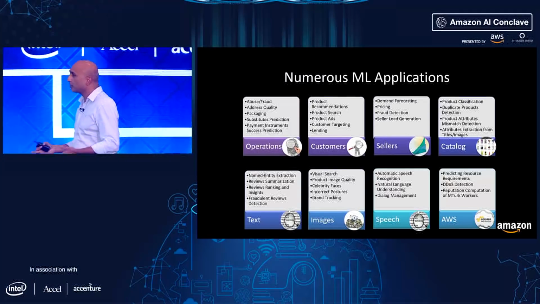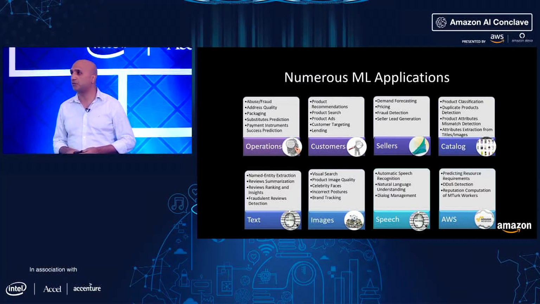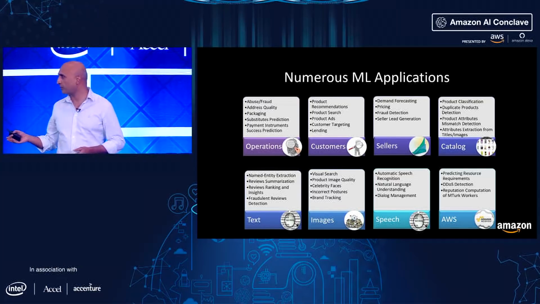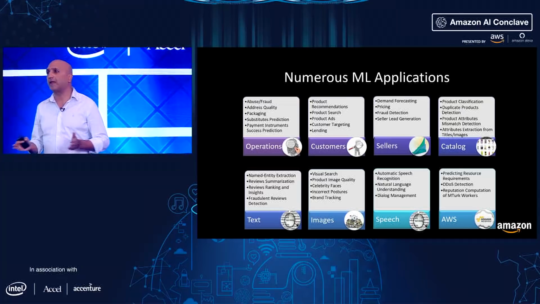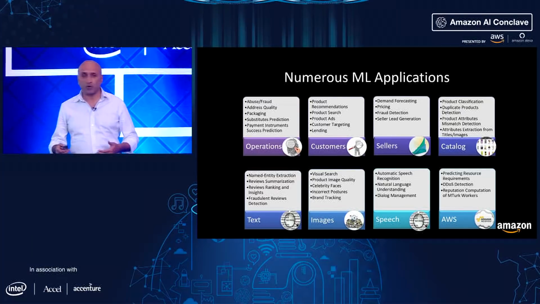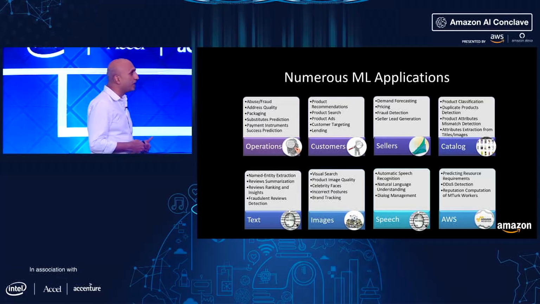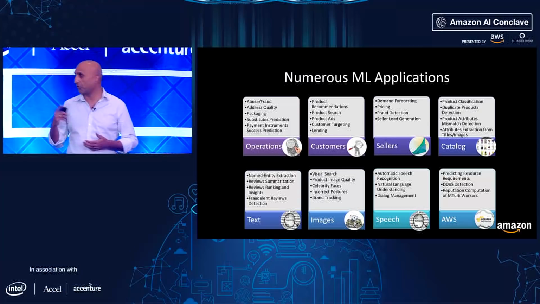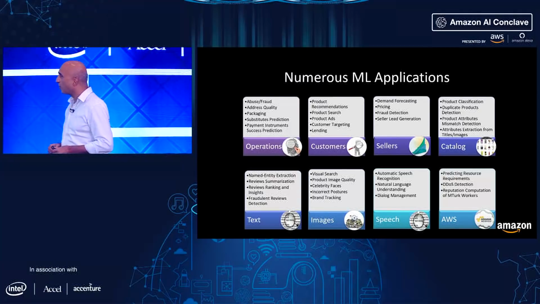And we're also applying machine learning techniques to very many different types of data, right? At the bottom you can see it's spanning text, images, and speech. So what I'm going to do today is dive deeper into some of the applications that are shown out here on this slide.